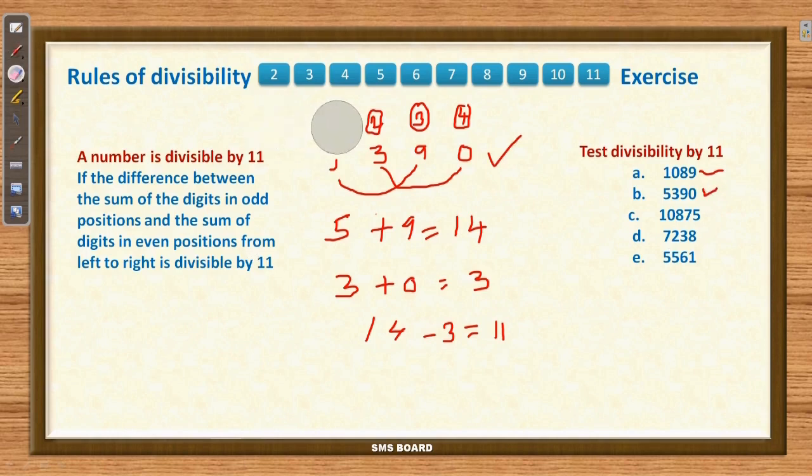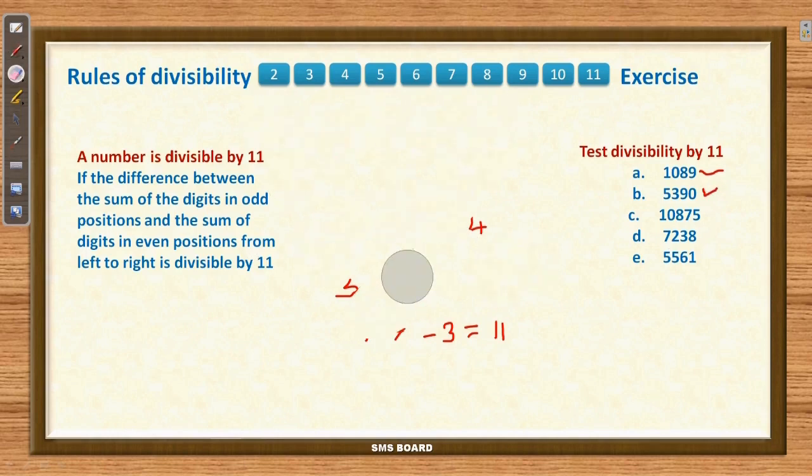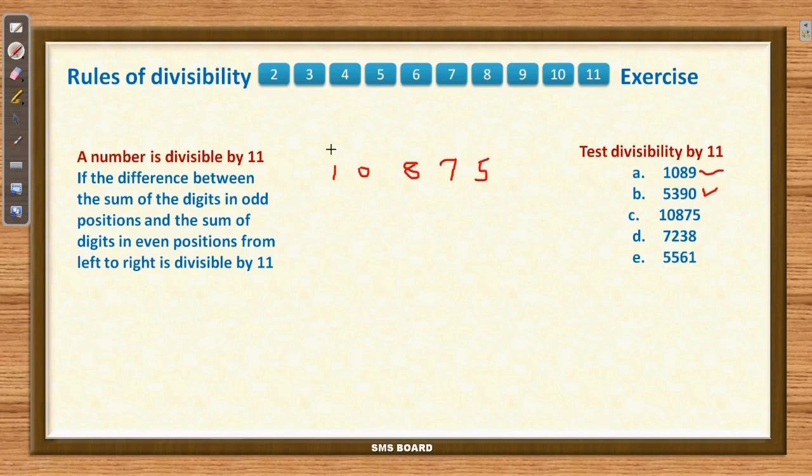And let us discuss the third problem. The third problem is 10,875. Here this is first odd position, this is even position, this is odd position, this is even position, and this is odd position.